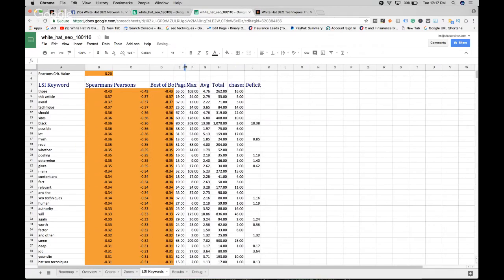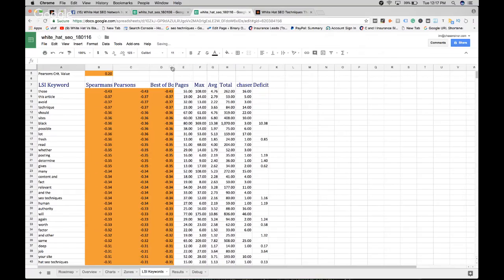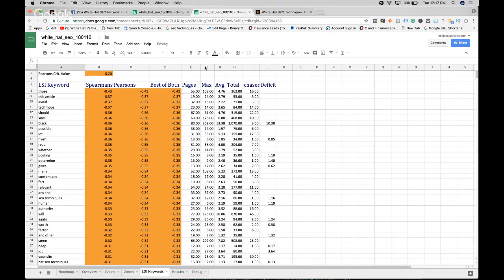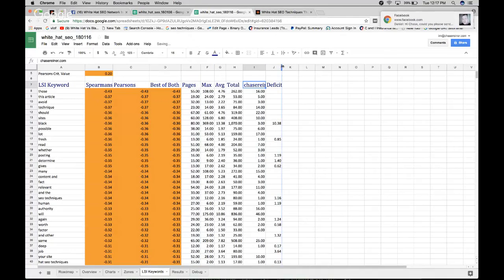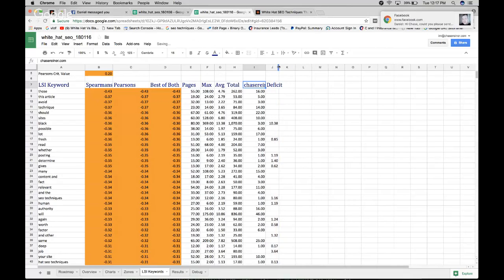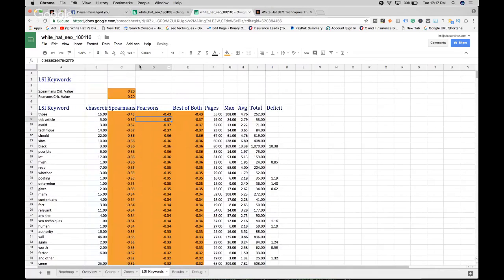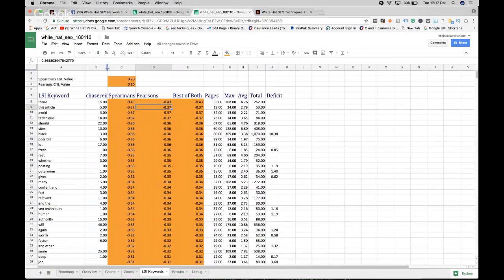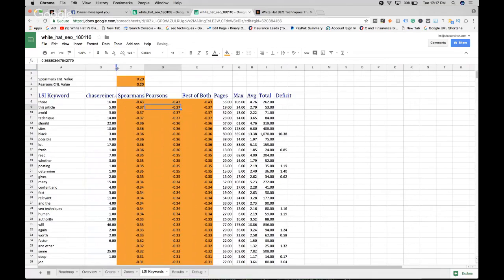Those are the typical LSI measurements. We have the correlation coefficients, so we tell you how having this term on your page correlates with rank position. We're probably the only tool on the market that does the LSI correlations. And we also do the measurements.